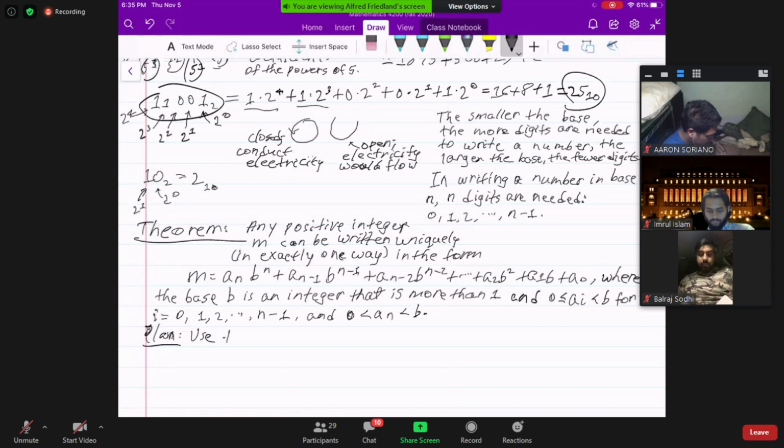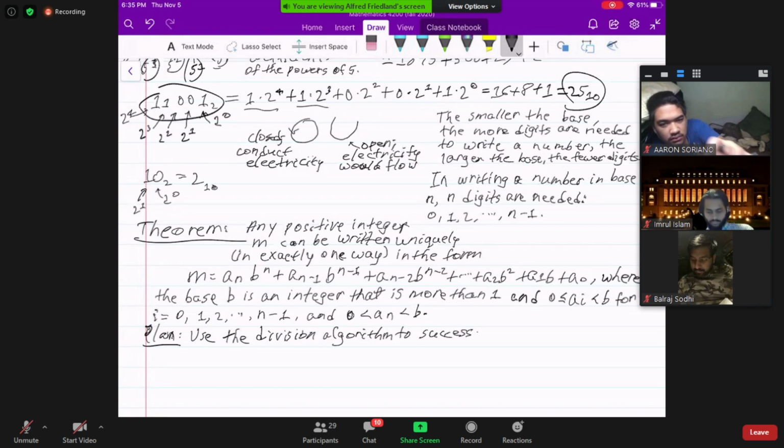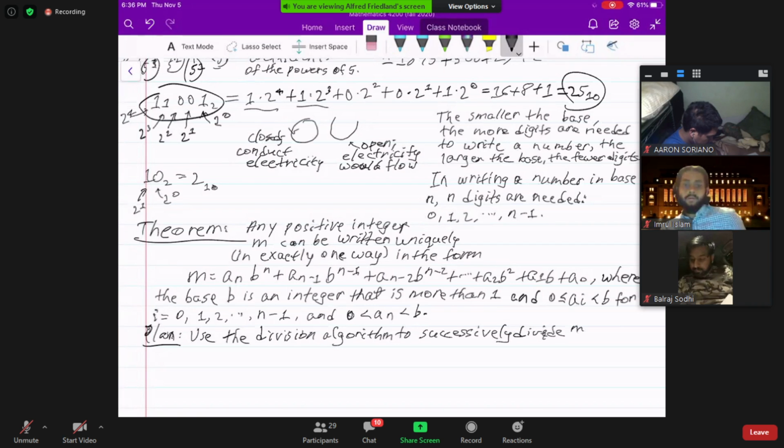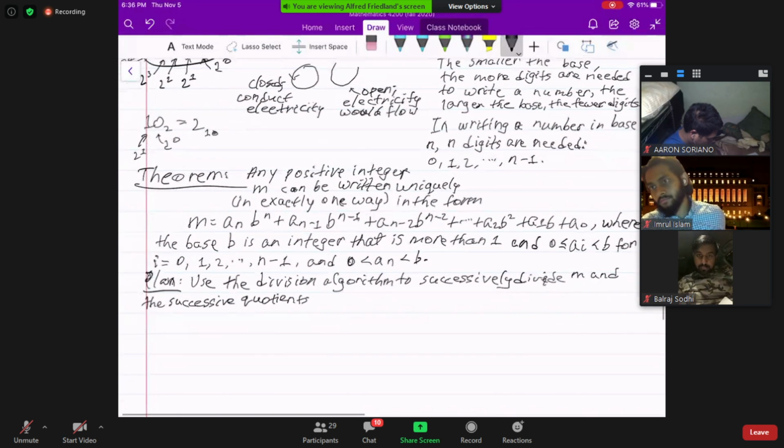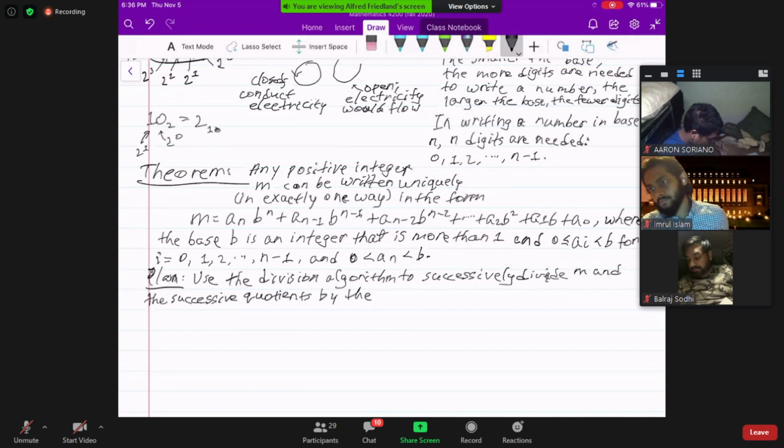Use our old friend, the division algorithm, to successively, one after another, divide the given number m and the successive quotients, that's the Q in the division algorithm, by the base B, which remember is more than 1.